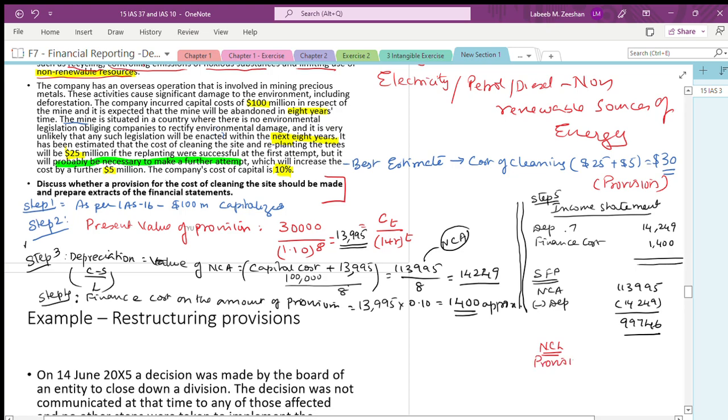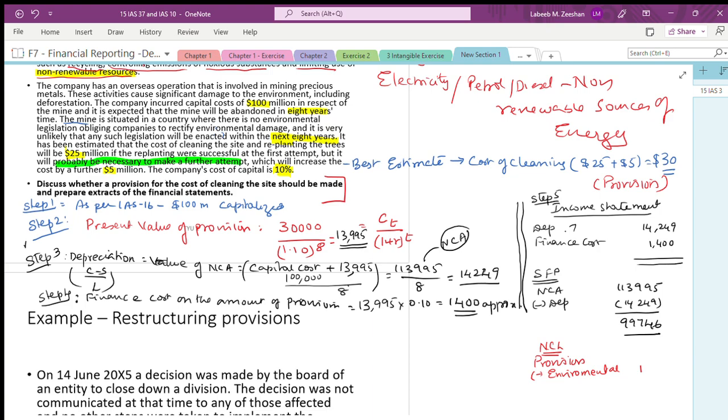How much is the provision we are having? Provision for finance cost, provision for the present value. One provision is the environmental provision. That's what they say. How much is the environmental provision?